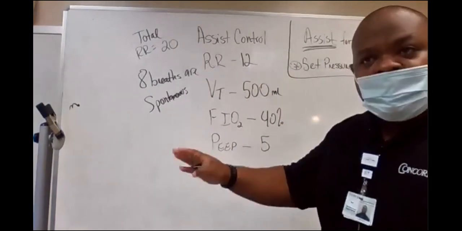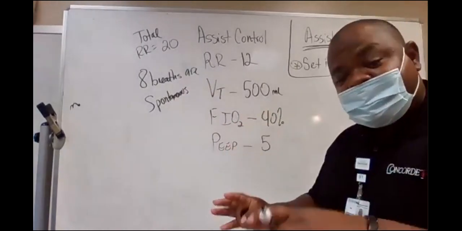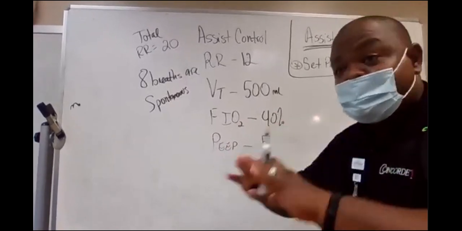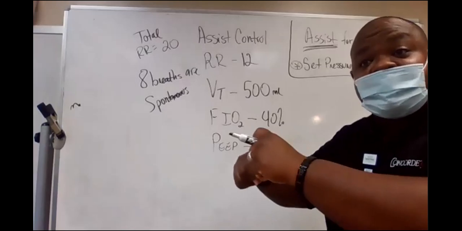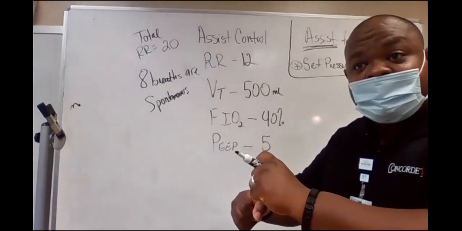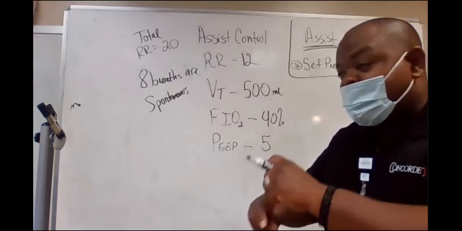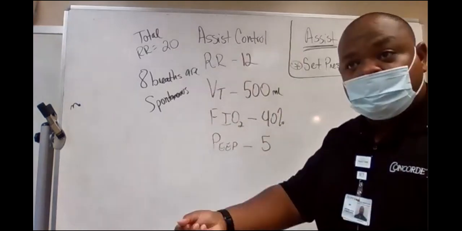And we have another mode that we go to before we take it off, okay? We will go down to maybe SIMV, right? Then we go down to just spontaneous where we give a little pressure support. After they do that for a while, we take it off and put on a T-piece, right? We do T-piece trials, right? If he can live with the T-piece, now we can decide to pull the tube, all right?